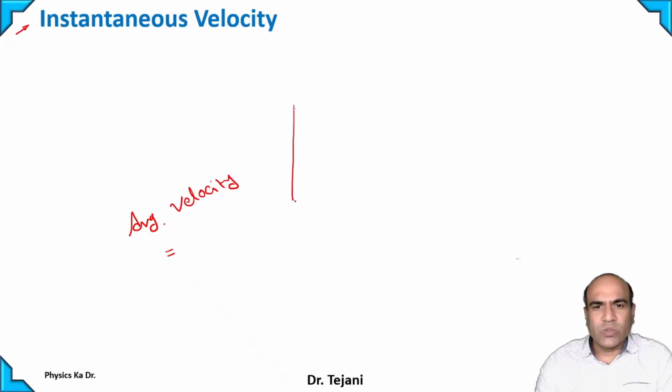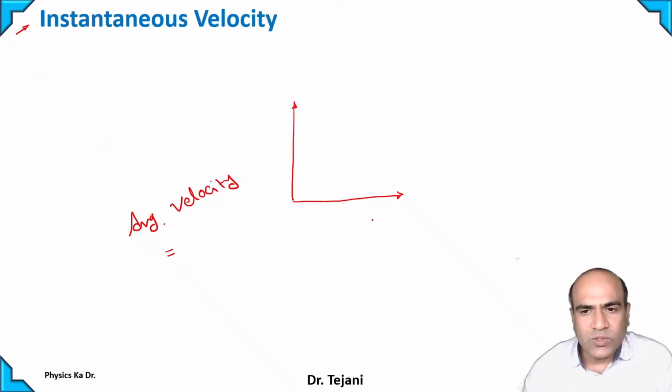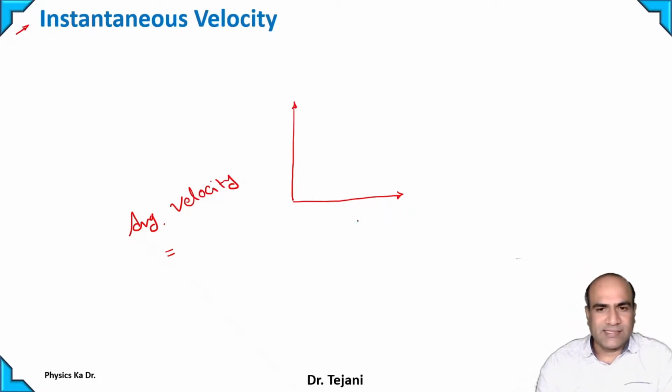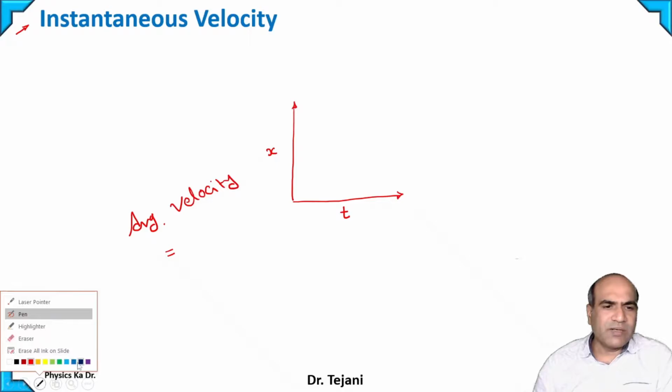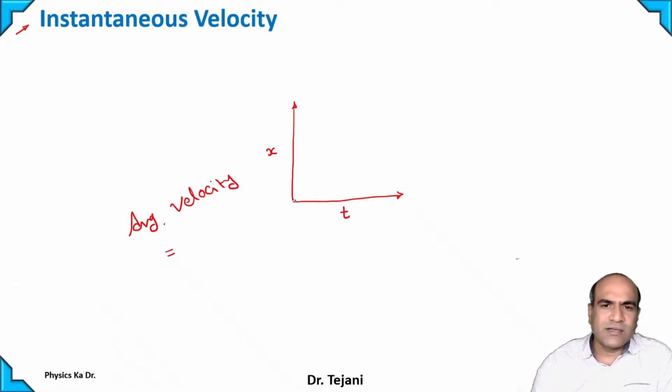Let us draw x and y coordinates, and along the x-axis let us take time, and along the y-axis let us take distance. And say for example, there is some relation between x and t.